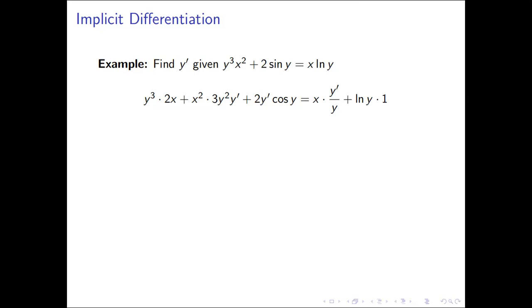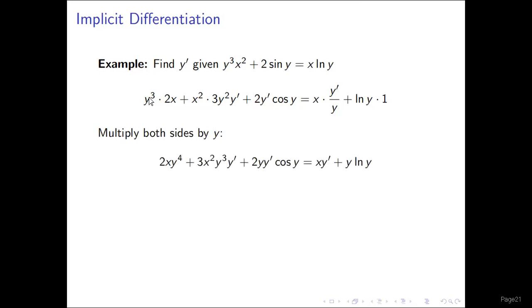But first, let me simplify this equation by multiplying by the LCD, which is y here, the only term in a denominator. So we multiply both sides by y first so that no fractions appear. So we have to do it term by term.